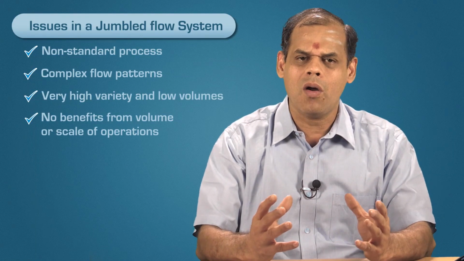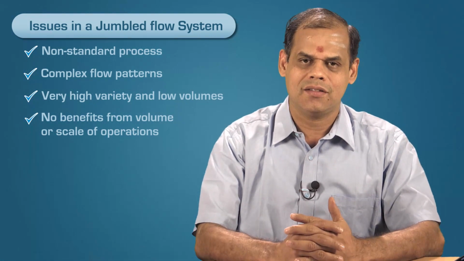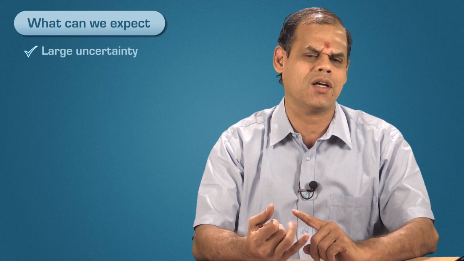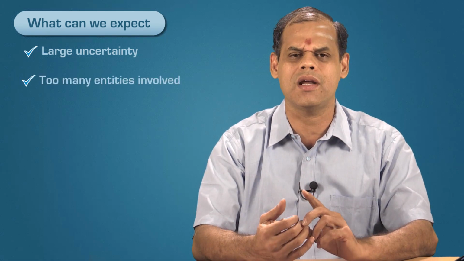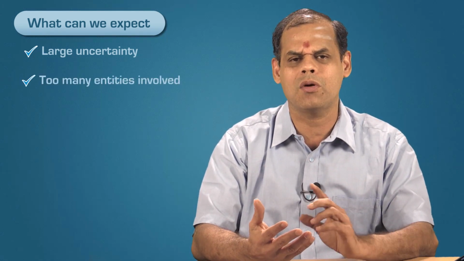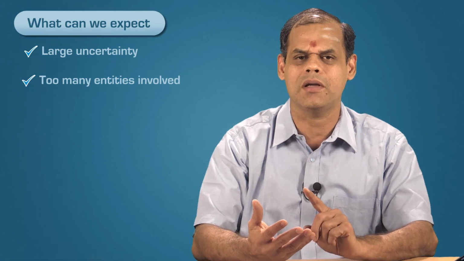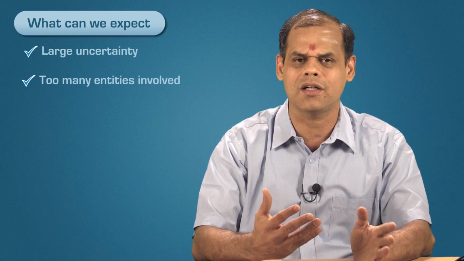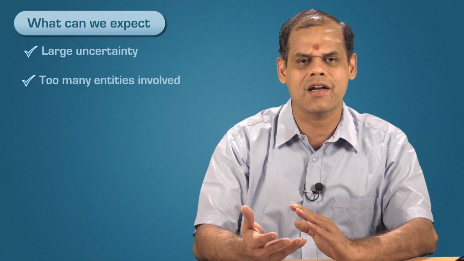So given all these, what can we expect in such jumbled flow systems from an operations management perspective? First of all, one can expect large uncertainty. One can expect that too many entities are involved. If you take the case of an airport, it could be civil, it can be environmental clearance, it could be heating, ventilation, air conditioning.